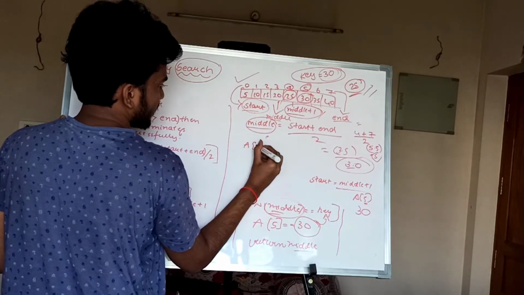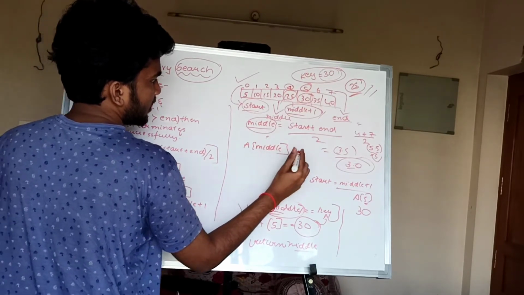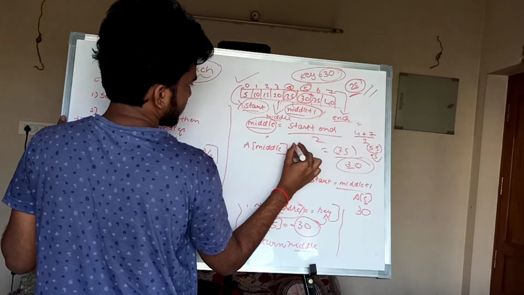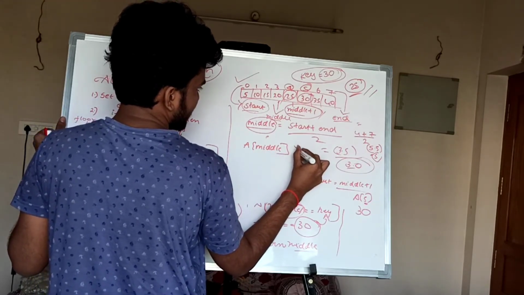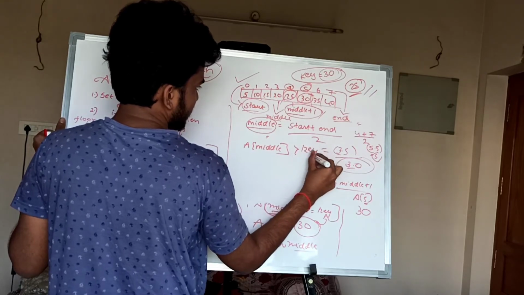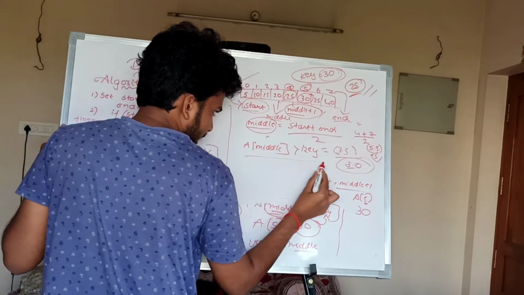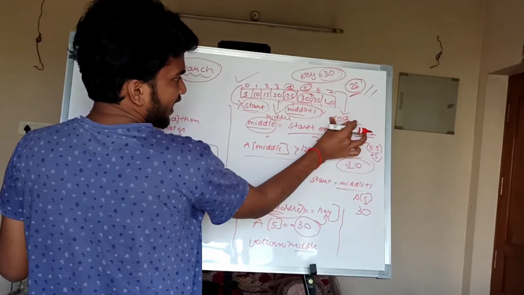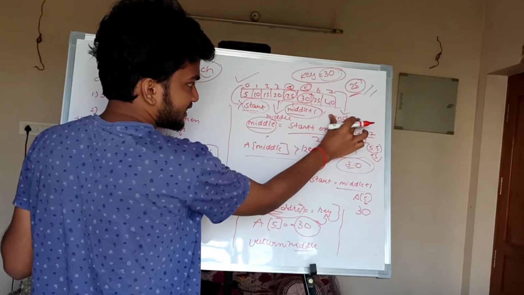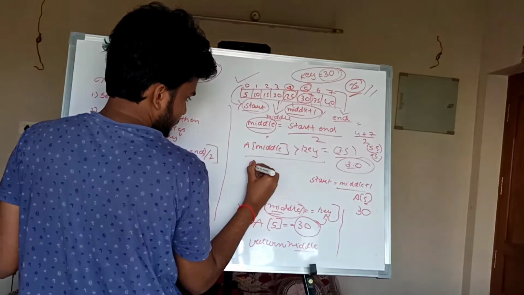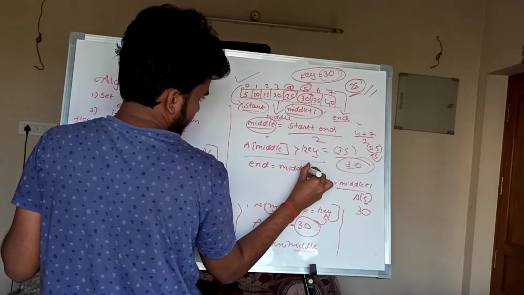That is, the given a of middle value here is greater than key, or else key is less than a of middle. So when this happens, you should move this end and make end equal to middle minus 1.